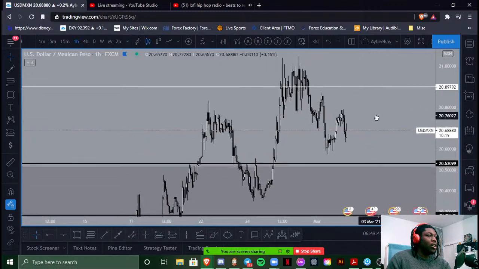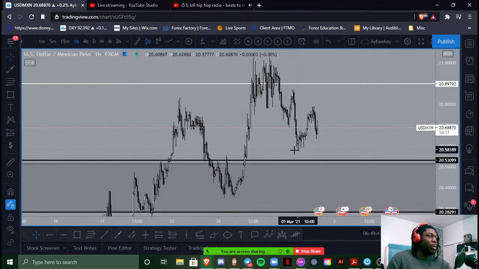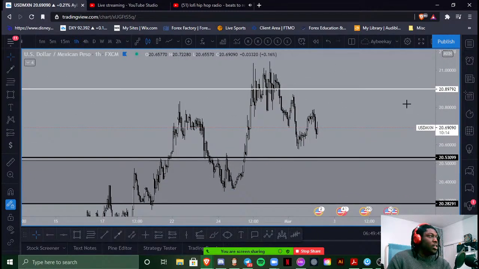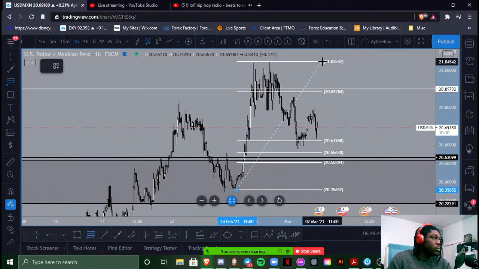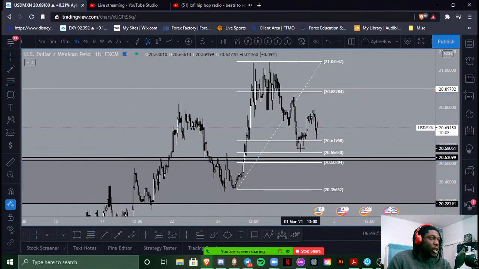But overall, I think this came to the 61.8 off of this bullish move. Let me see real quick. Yeah, it came to 61.8, it didn't come to 71%.